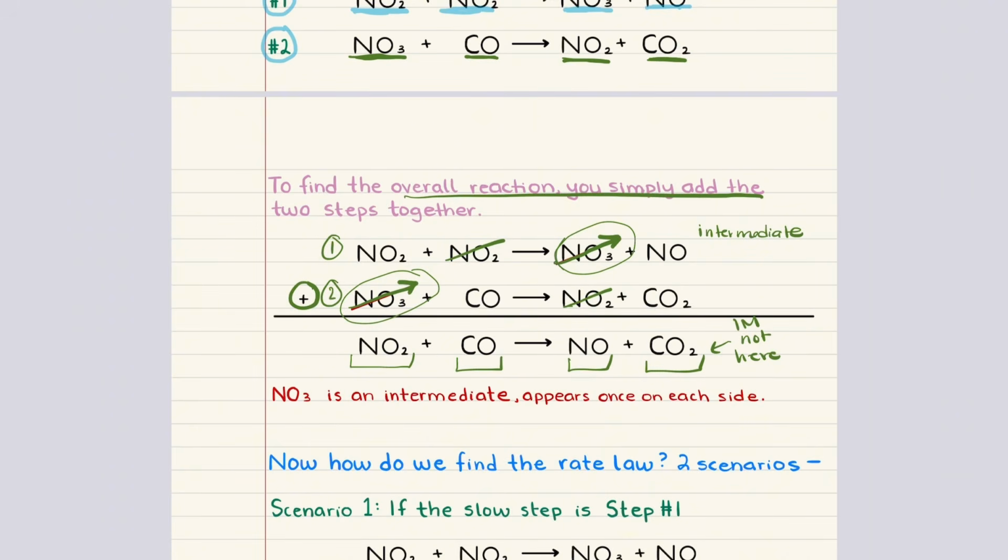By the way, this is in contrast to catalysts. A catalyst appears as a reactant in an early step, and then it's regenerated in a later step. Catalysts speed up the reaction by lowering the activation energy of one or more steps, but they're not consumed over the course of the reaction.